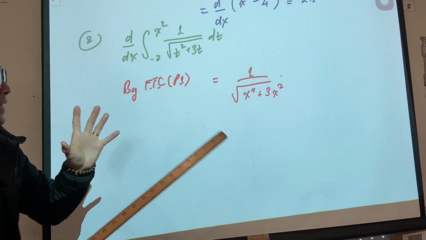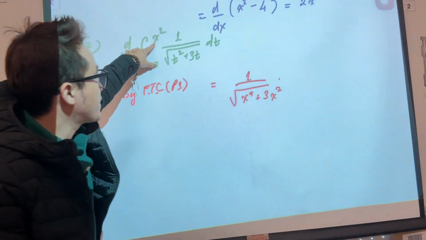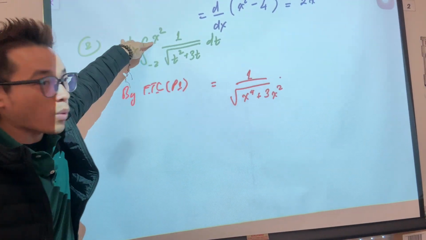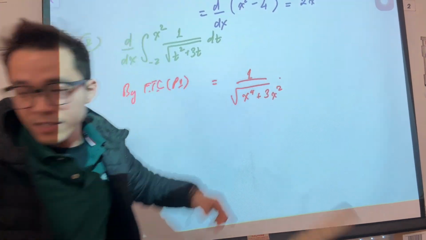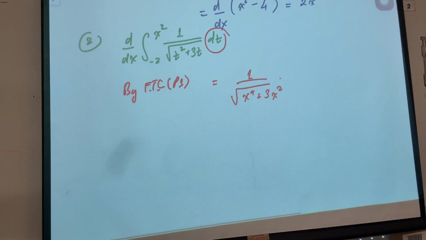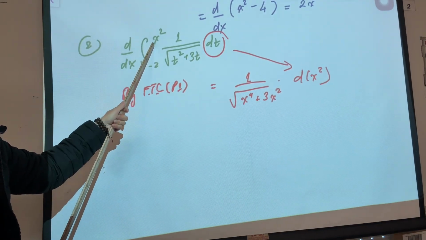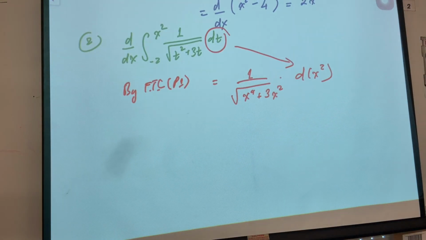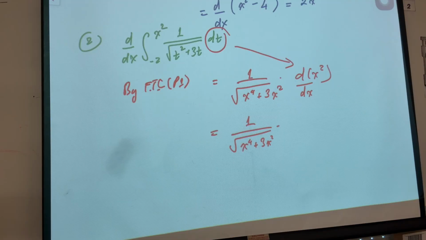Or you can think like this. What is t? t now is x squared, right? You just replace the t with x squared. So dt is now d of x squared. What is the derivative of x squared? It's 2x. So now this becomes 1 over the square root of x to the 4 plus 3x squared, times 2x.